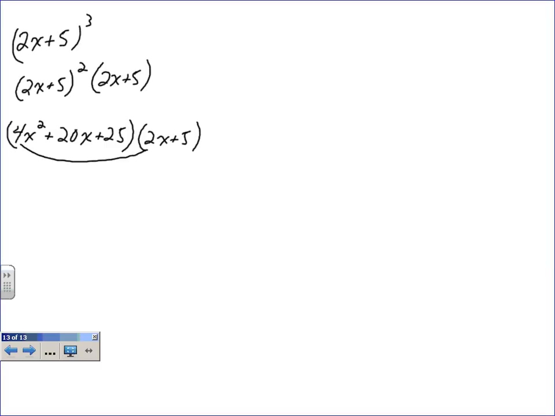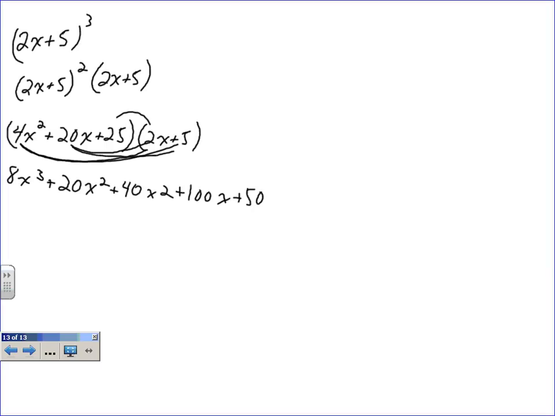So 4x squared times 2x would be 8x cubed, and 4x squared times 5 would give me 20x squared. 20x times 2x would give me 40x squared. 20x times 5 would give me 100x. And 25 times 2x is 50x.